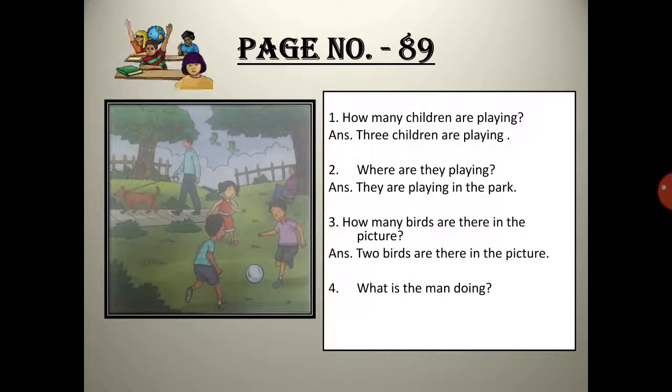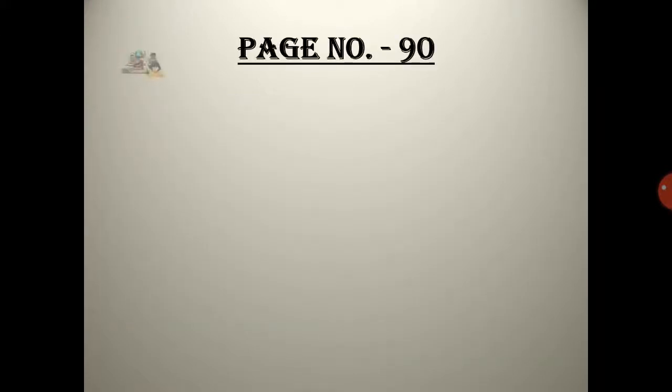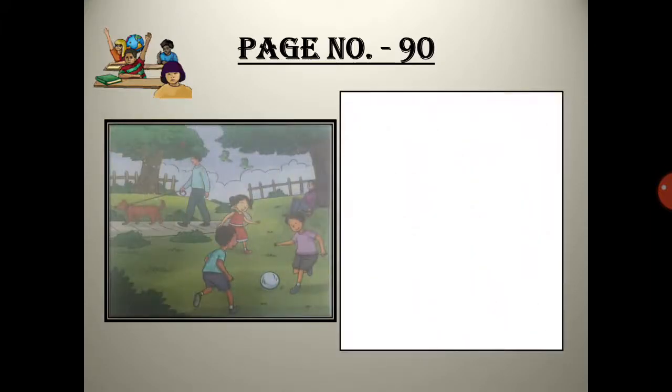Now the next question. What is the man doing? Can you tell me what this man is doing? The man is walking with the dog. So I hope children this is clear to you. All the questions are clear to you. Now question number 5.